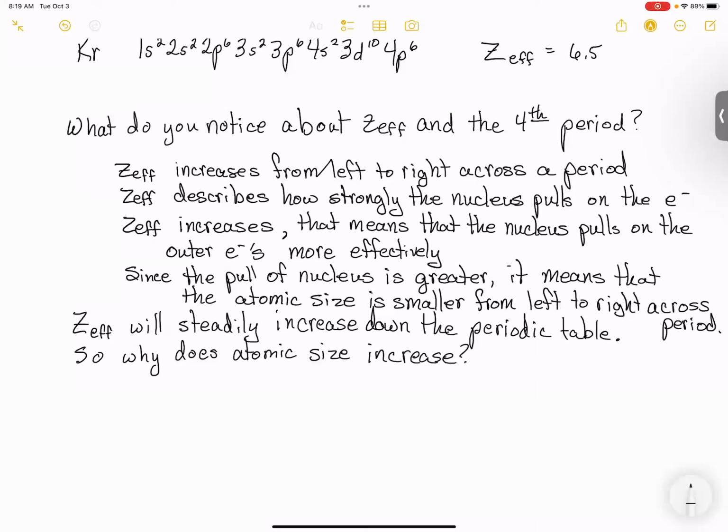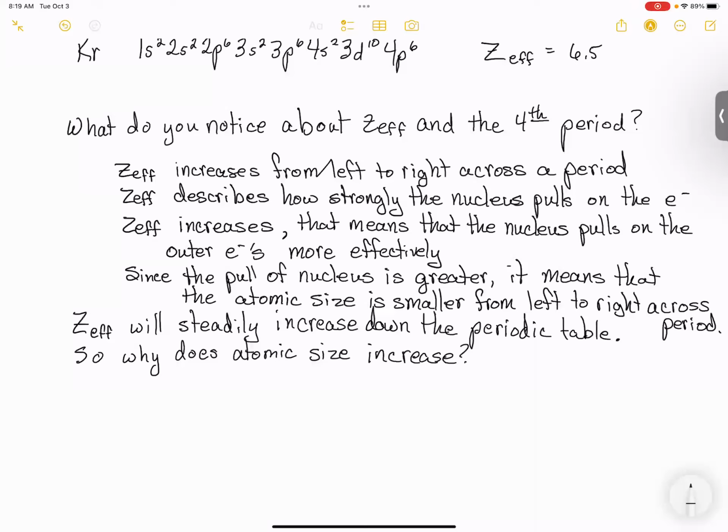So Z effective doesn't tell the entire story. Z effective only tells a portion of the story. Z effective tells the story for the elements in the same period. That's it.